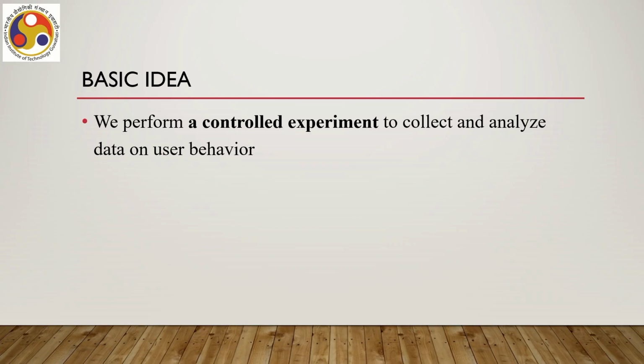It cannot be done on prototypes. Second thing is, in order to do that, what we generally need to do is perform a controlled experiment to collect user behavioral data and also to analyze that data to come to a conclusion.